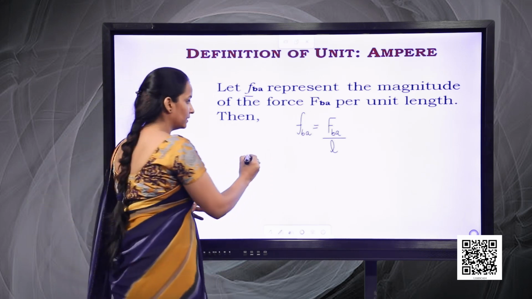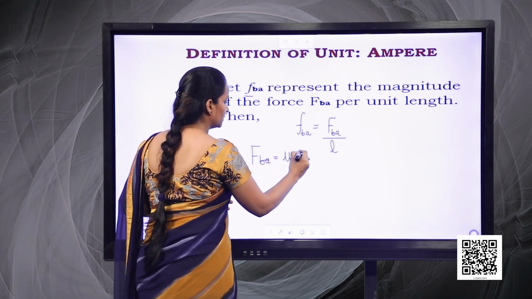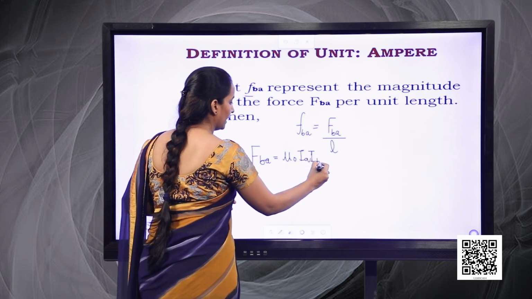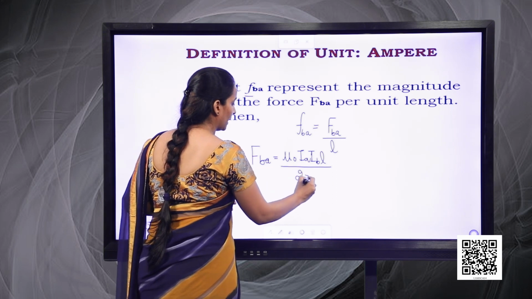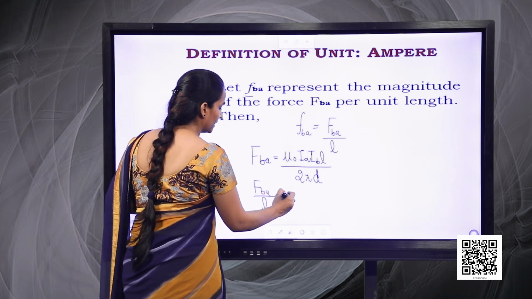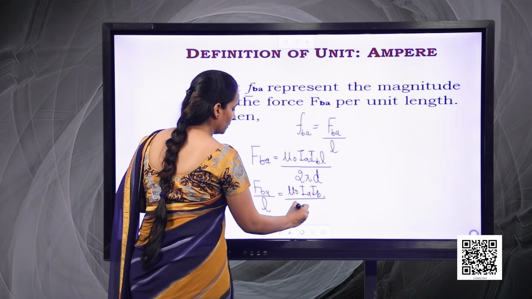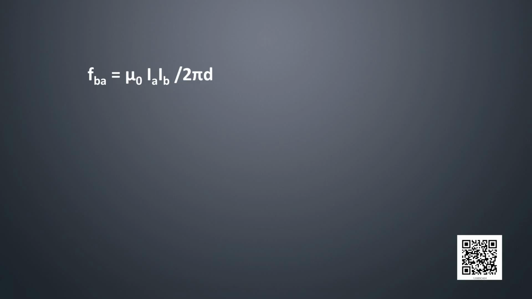As we have already derived that FBA, that is force on B due to A, is given by mu naught IA IB L divided by 2 pi D, I can take this L to the left hand side, then I will get fBA is equal to mu naught IA IB divided by 2 pi D. Here fBA is force per unit length.